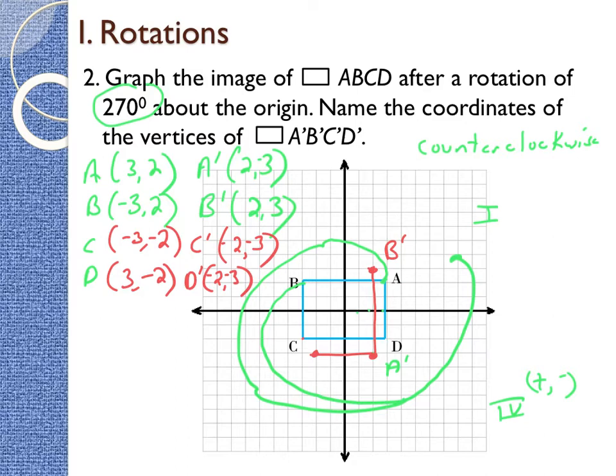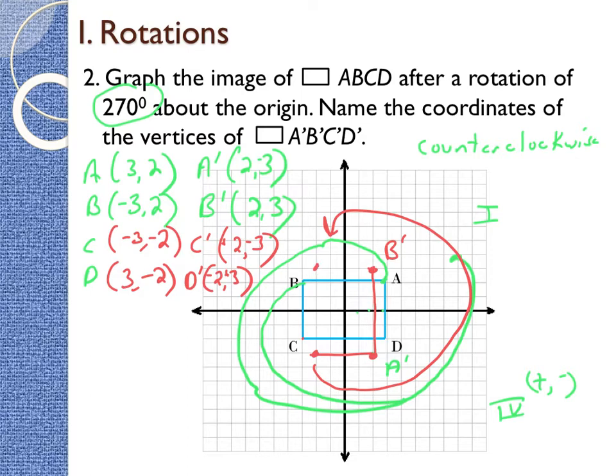Okay, there's C. So I went negative 3, negative 2. So 1, 2, 3. It's going over here to the second quadrant, which is positive, negative. So it's going to be positive 2, negative 2, positive 3.